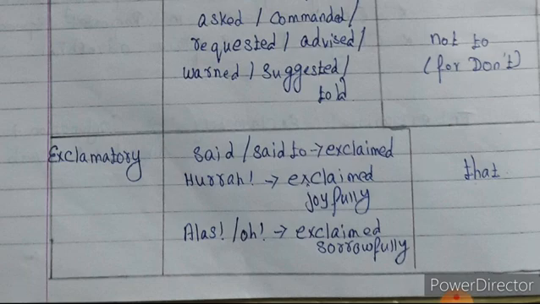For the imperative sentence, you have to give the conjunction word as to, or if the direct speech has don't, you have to use the conjunction word as not to. For the exclamatory sentence, there is only one conjunction word, that. Both for statement and for exclamatory, you have to use the same conjunction as that.